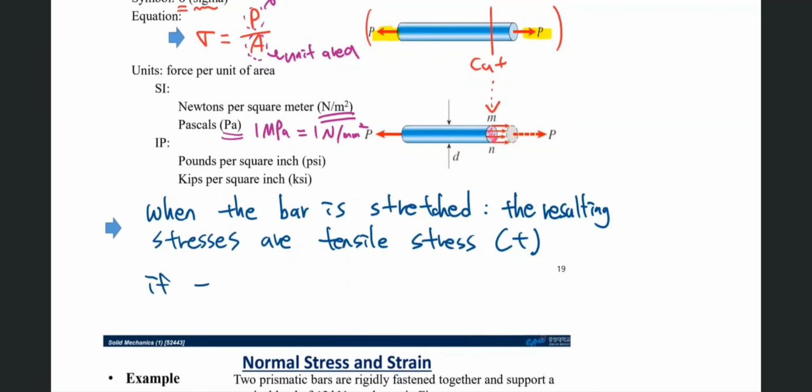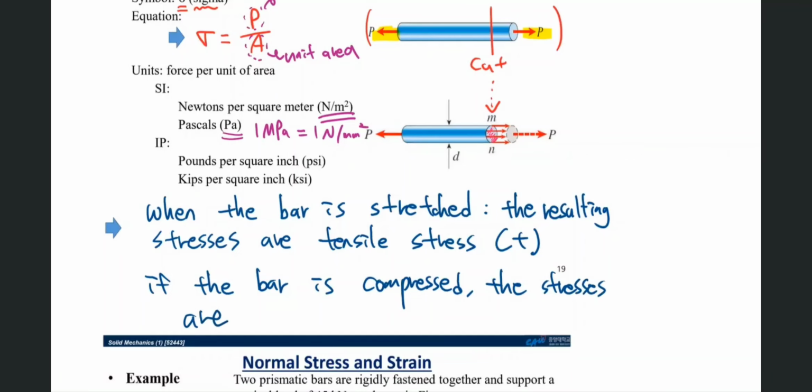If the bar is compressed, the stresses are compressive stress, and we use the minus sign convention.